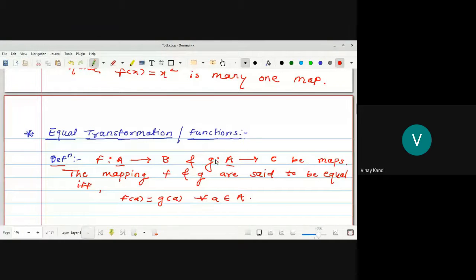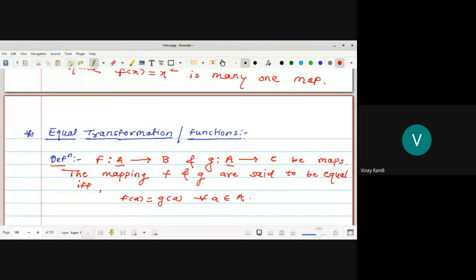For equal transformations or equal functions, the domain of the functions must be the same. Suppose this is a function from B to C, then we cannot say that f of a is equal to g of a, where the input a belongs to the domain, but the domain is B. So for equal functions, the domain of the functions must be the same.